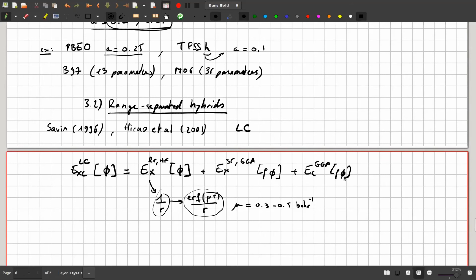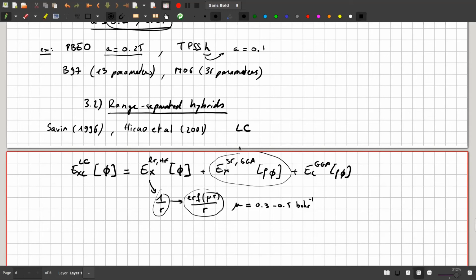So why do we do that? Well, again, it allows you to reduce some error in the exchange by introducing Hartree-Fock exchange. In particular, the properties depending on the long-range Hartree-Fock exchange are better with this approximation. And also it makes it easier to find good approximations for the short-range exchange functional, because approximations like LDA or GGAs are better if they are restricted to the short-range part of the interaction.